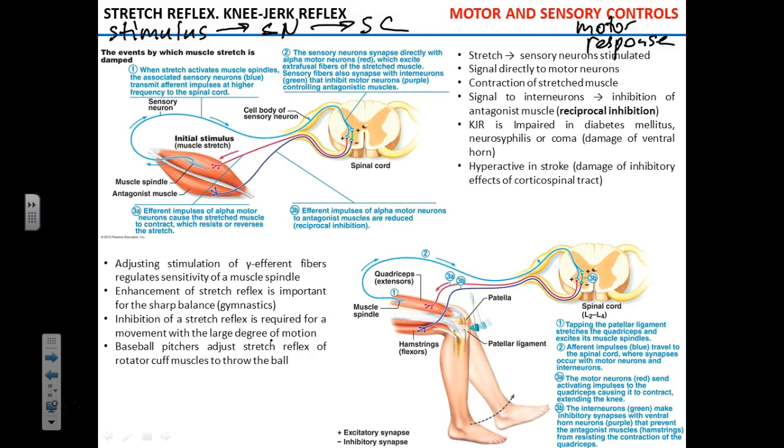In general. Which cells? Which cells transmit the signal in the nervous system? We're not going anywhere until you tell me.